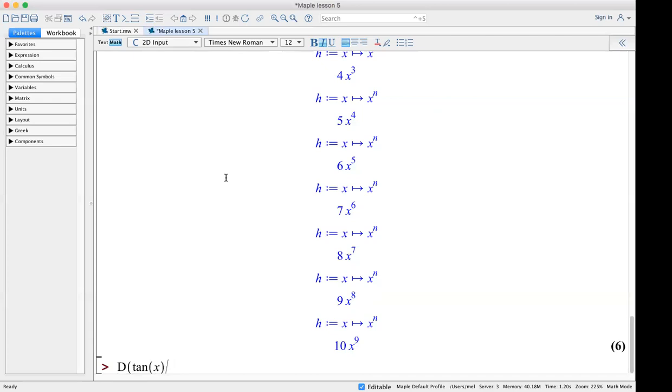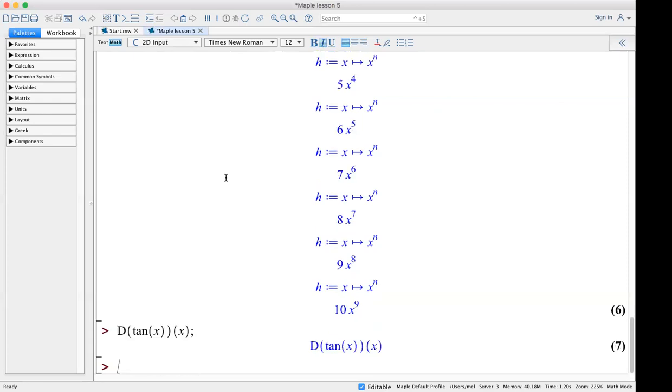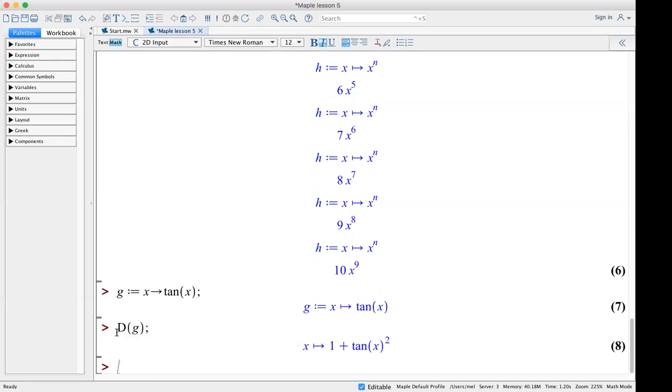What's the derivative of the tangent of x? Maybe I better do it differently. Suppose I define the function g equals x goes to tangent of x. And now D of g is 1 plus the tangent squared of x.